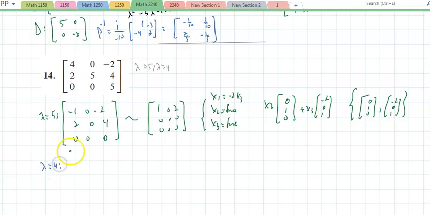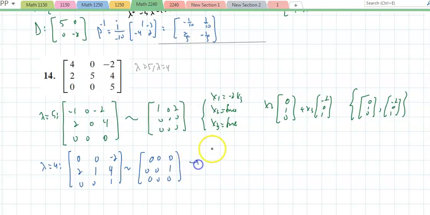Lambda equal 4. I will be looking at 0, 0, negative 2, 2, 5 minus 4, 4, and 0, 0, 1. If I do the row reduction, I will get 0, 0, 0, 0, 0, 1, and 0, 0, 0. Which means x3 is 0.